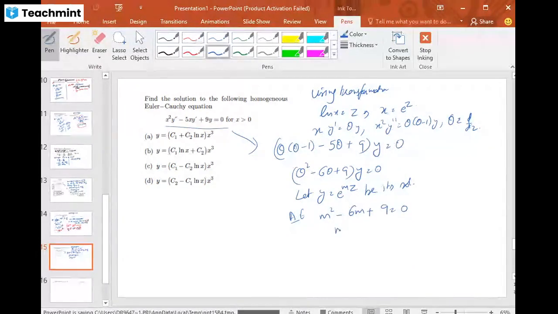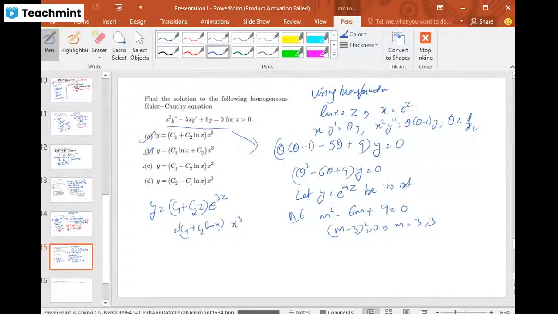Again, it is a perfect square. So the value of m is 3 and 3. Roots are repeated. So the solution is c1 plus c2z e power 3z. So c1 plus c2 log x times x cube.